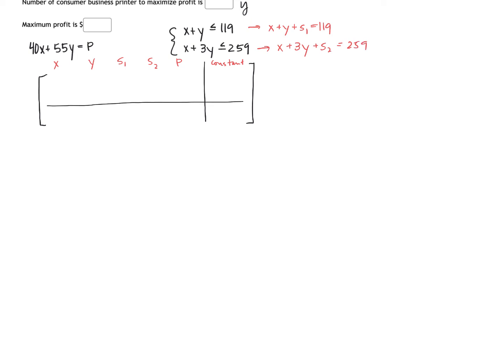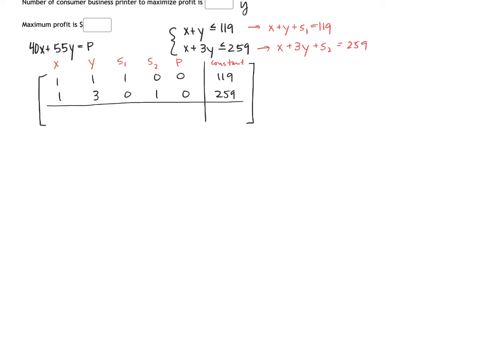So we can fill in our matrix here: 1, 1, 1, 0, 0, 119, and then 1, 3, 0, 1, 0, 259.